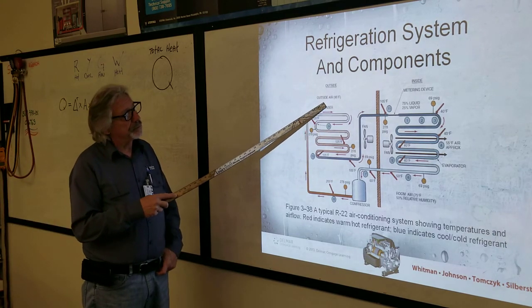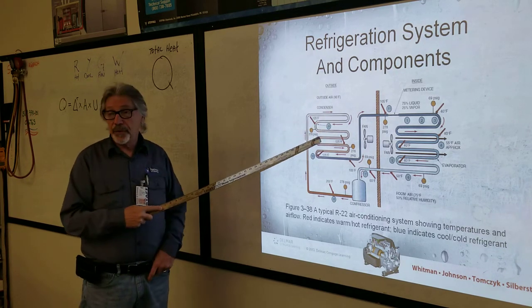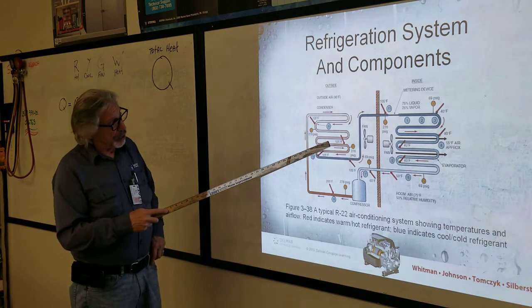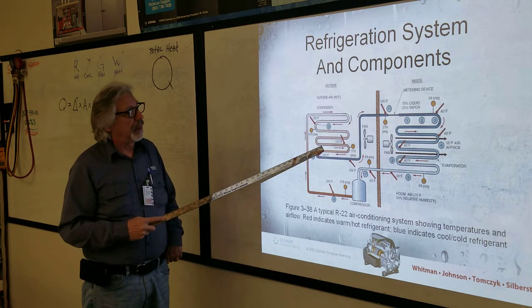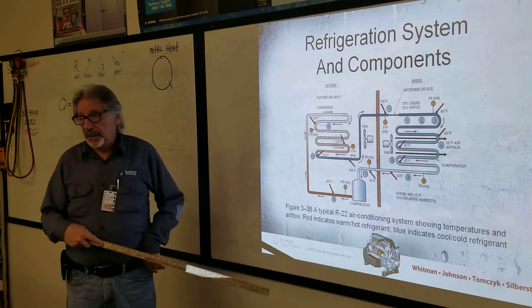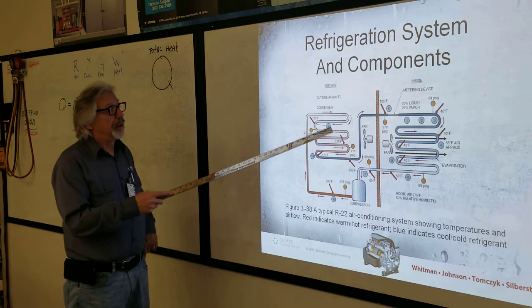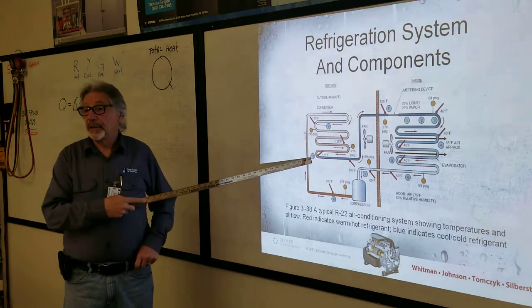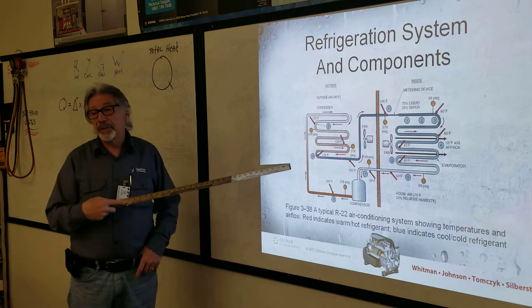Outside air is 95 degrees, the condenser is 125 degrees. So 95 and 125 is the delta T, right? Remember delta T? Okay, so we have a 30 degree delta T. So that allows the heat to transfer.